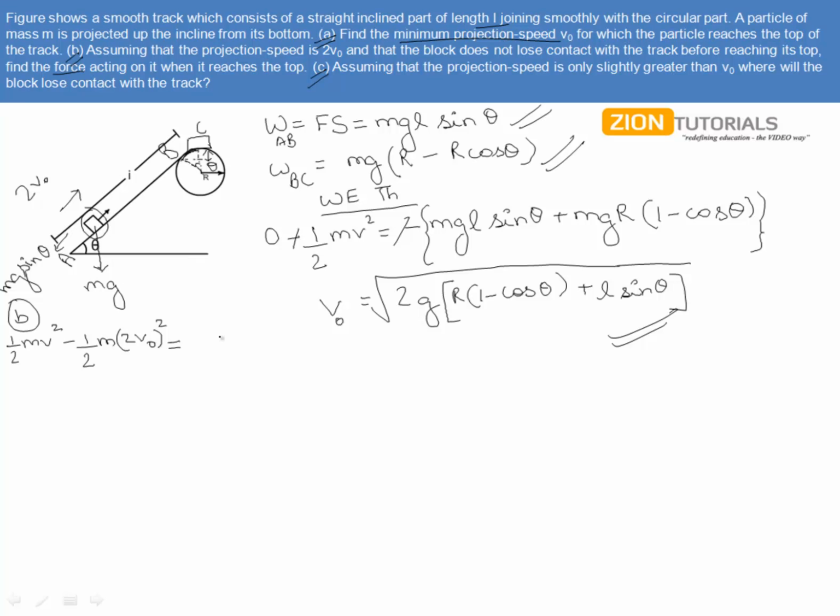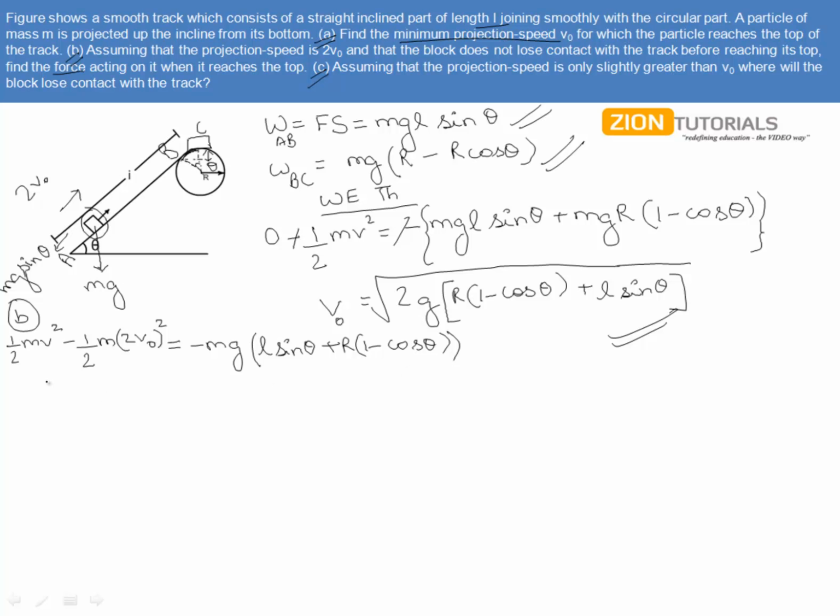So this is minus mg, because it is in the upward direction, opposite to the gravitational force, h being L sine theta plus r into 1 minus cos theta. This is the delta h actually.